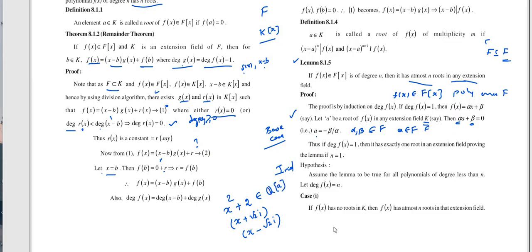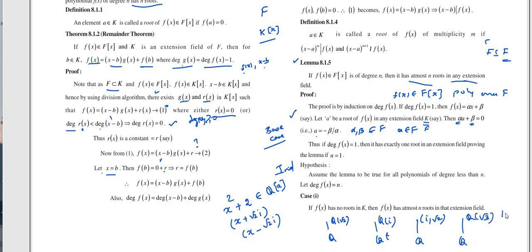So it is a member of q of x. And you are considering, see, for q, this is the base field, you have q of root 2 to be an extension, and you also have q of i to be an extension, and you also have q of i comma root 2 to be an extension, and for q you also have q of root 3 to be an extension.